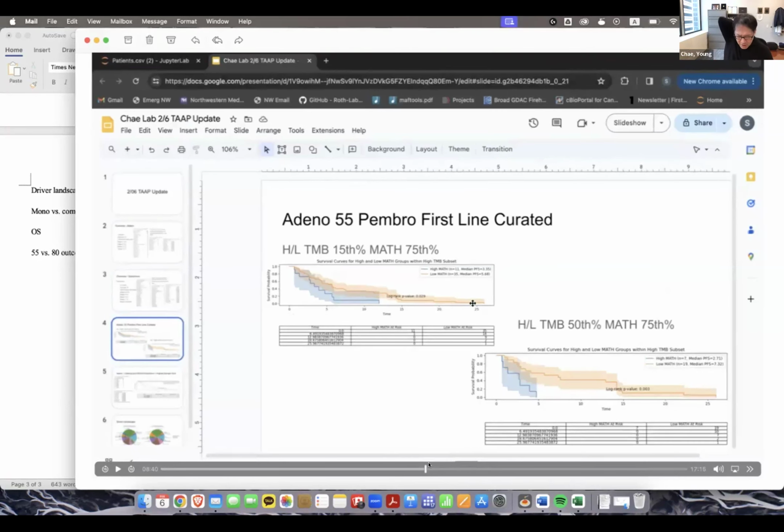So I'm gonna leave it up to Stas to decide what's the better annotated cohort, but I will have him do different cutoffs with TMB and math and write that down, and definitely Hasan, you should help him write it.